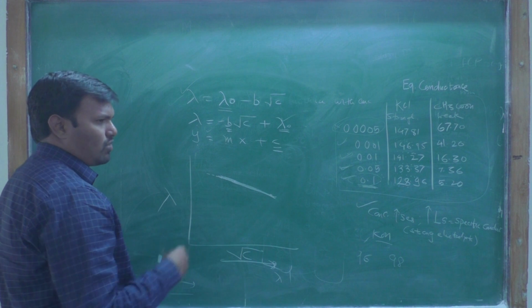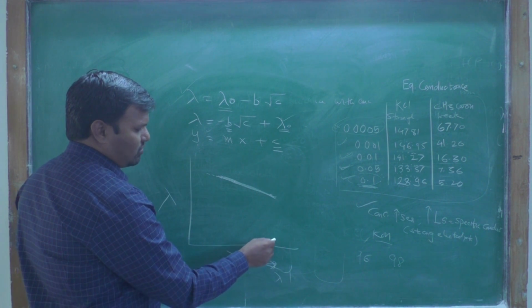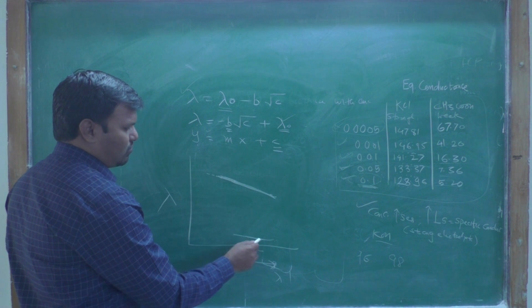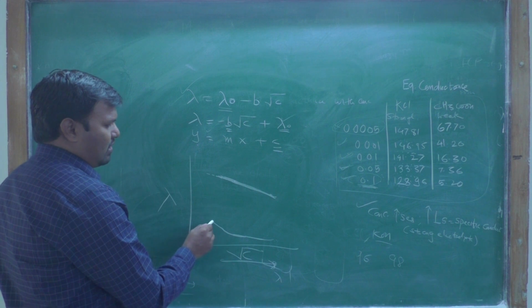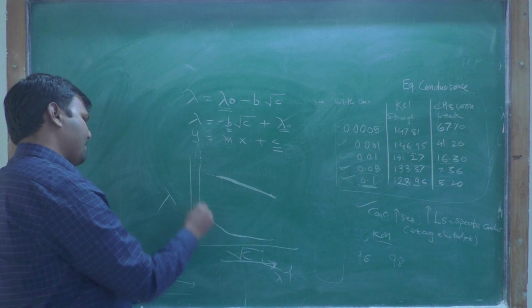But for the weak electrolyte at the higher concentration, when you dilute it, its value goes on increasing, and at very high dilution the value keeps rising.